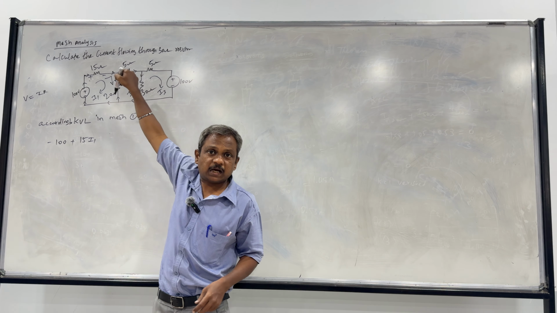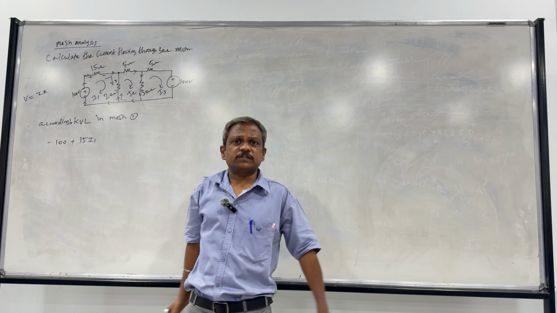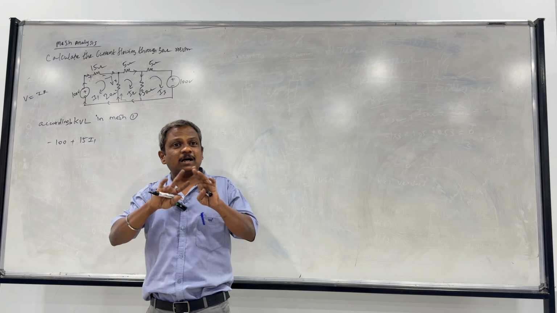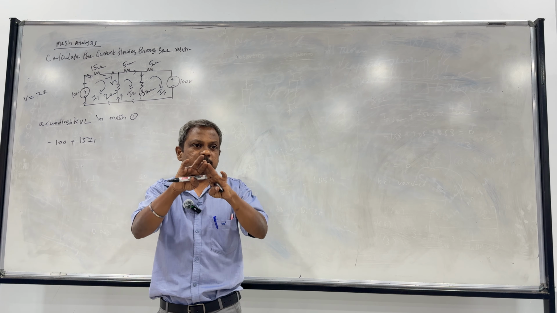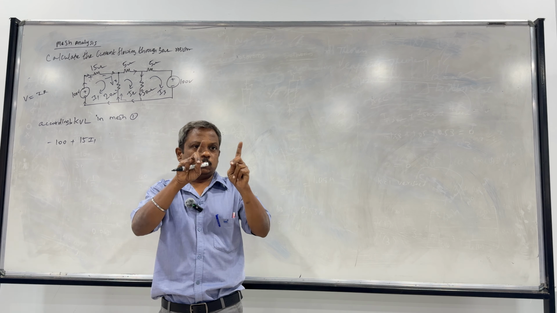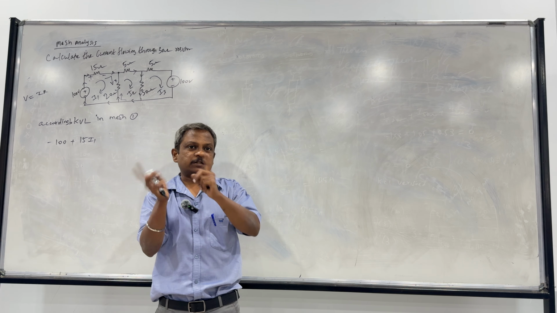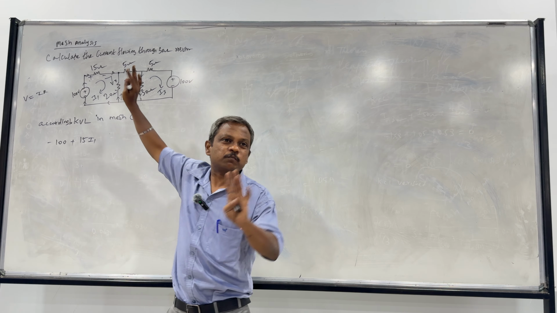I1 is entering at the top of the resistance, I2 is entering at the bottom. So both currents are flowing in the 20 ohm, in opposite directions. So what is the total current? One value minus another value, either I1 minus I2 or I2 minus I1. Because we are writing the mesh 1 equation, we are considering I1 minus I2.